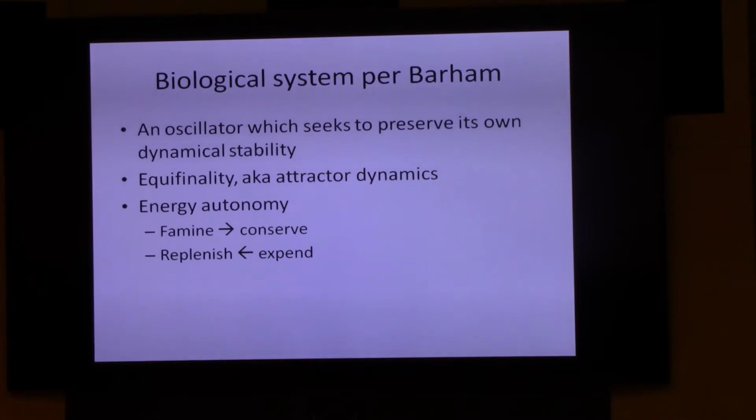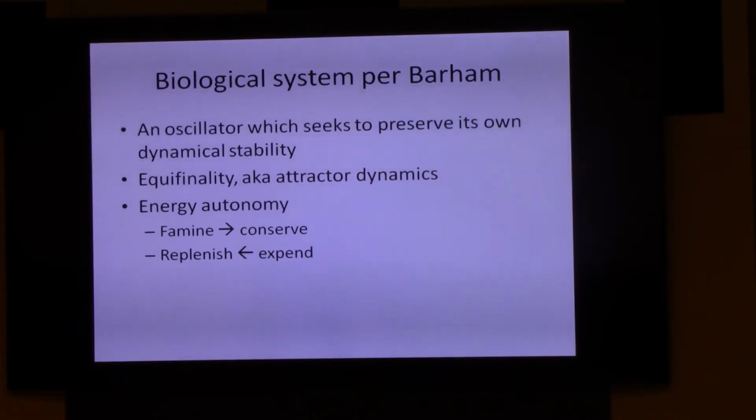It means equal end in Latin, the same end, the same destiny. So a basin of attraction is a set of initial states that all have the same final state in their trajectory. And that's equifinality. It's a problem for determinism, but it's very characteristic of biological systems. And energy autonomy is pretty much what we've already discussed.